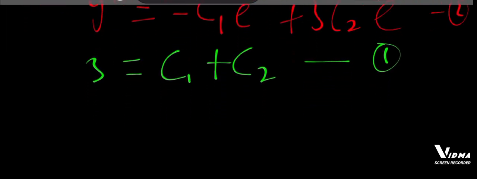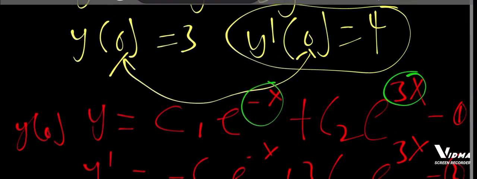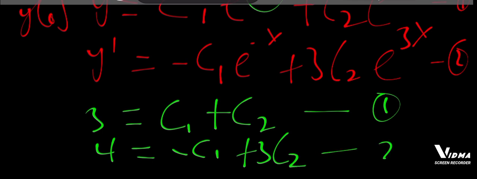And the second one said when x is 0, y prime will be 4. So the second one we say 4 is equal to negative c1 plus 3c2. And let's name that equation 2.